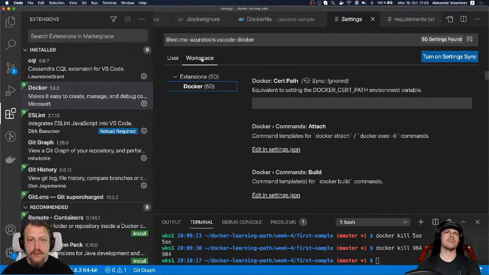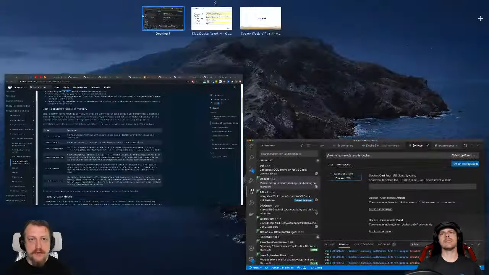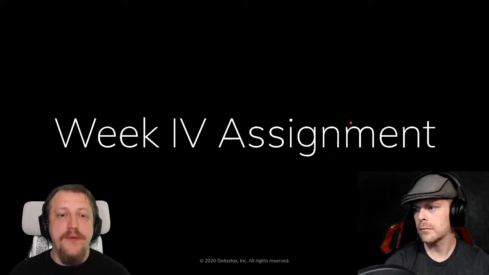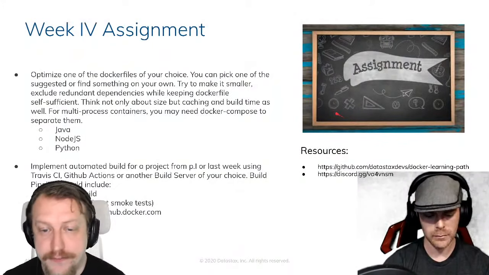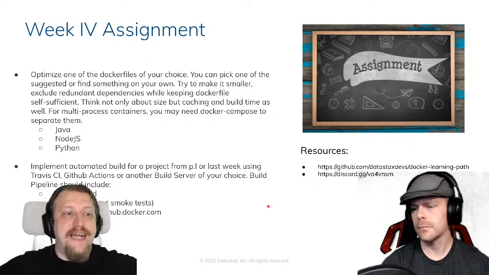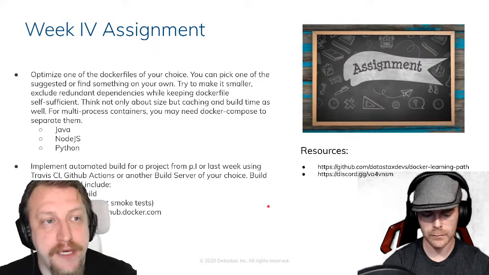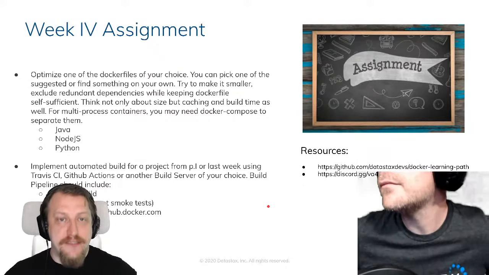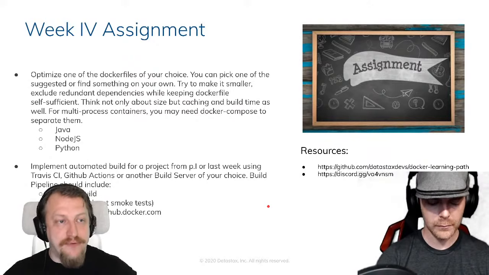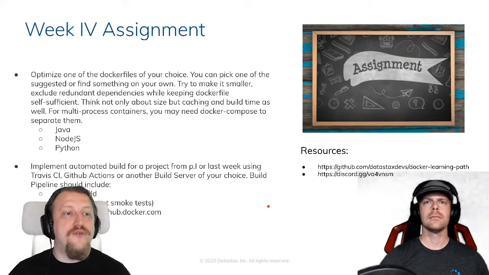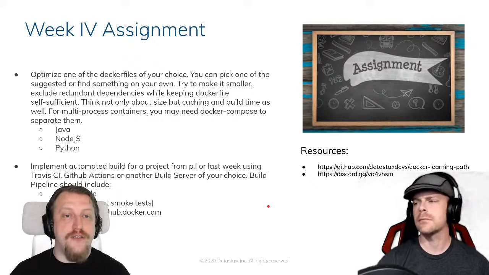Good. So that's the story behind that. And finally, we are getting to the week 4 assignment. The assignment of this week includes 2 steps. The first step is to optimize one of the Dockerfiles of your choice.